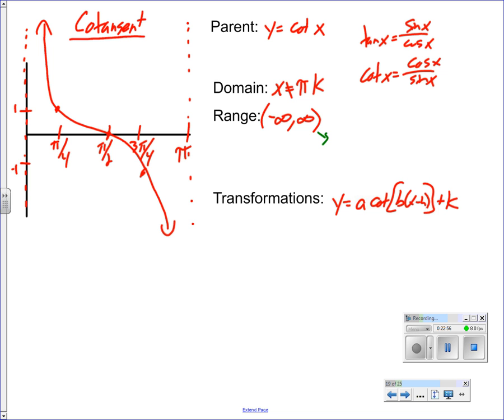And same as tangent with these transformations, most likely you'll just see these two change, maybe a phase shift, usually not a lot with the vertical shift, but the range will not change. And the domain will change if we change the frequency or apply a phase shift to the function.